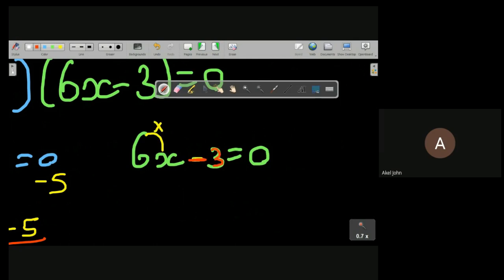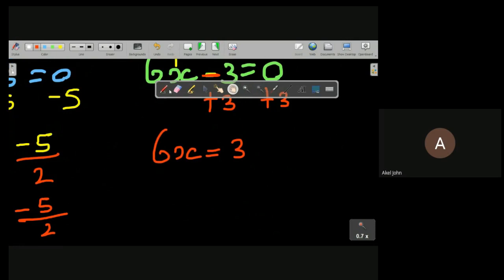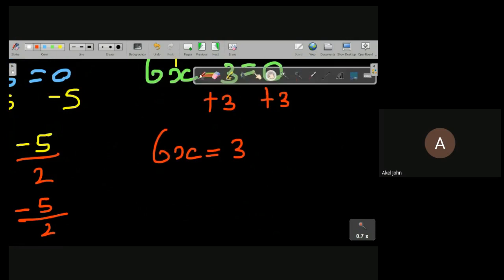To get rid of negative 3, we need to add 3 on both sides. That leaves us with 6x is equal to positive 3. Now, since the 6 and the x is multiplication, we need to do the inverse, which is division. We need to divide by 6 on both sides.